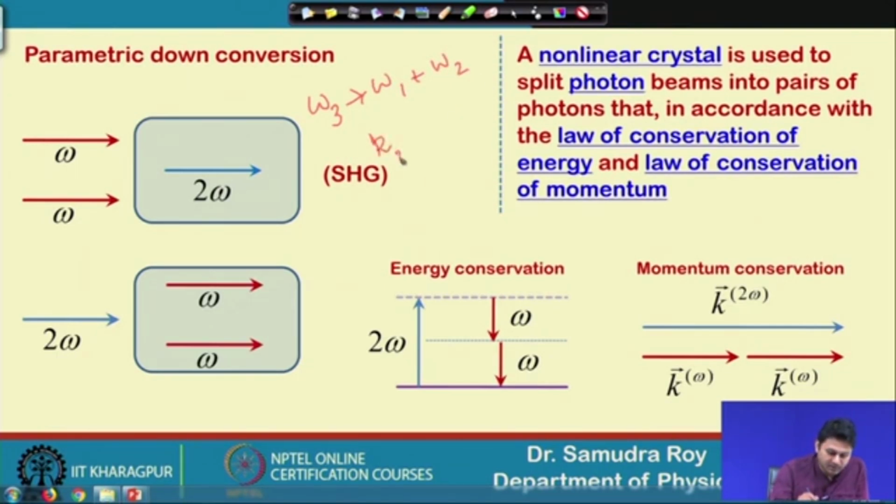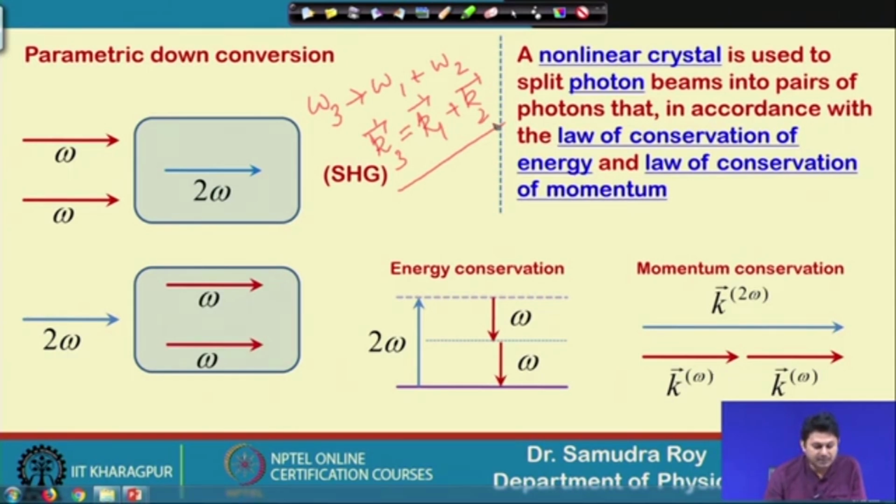So, K 3, which is the momentum or the propagation vector, has to be equal to K 1 plus K 2. This K 3 equal to K 1 plus K 2 is nothing but the phase matching condition. This is another way to write the phase matching condition. So, this momentum and energy conservation is valid.